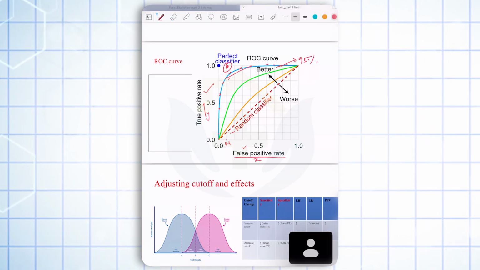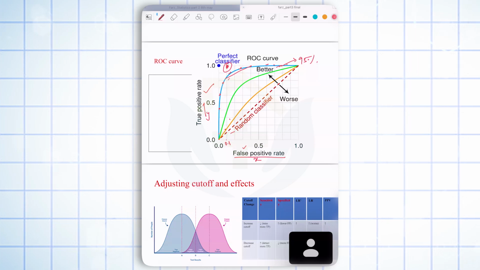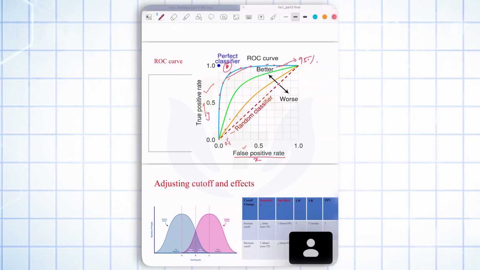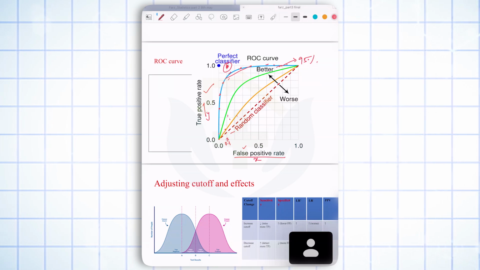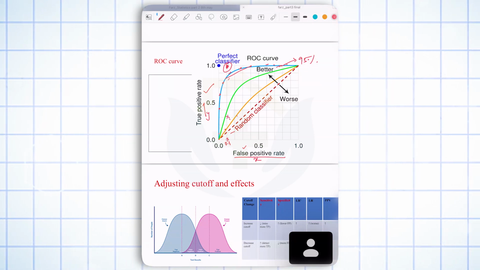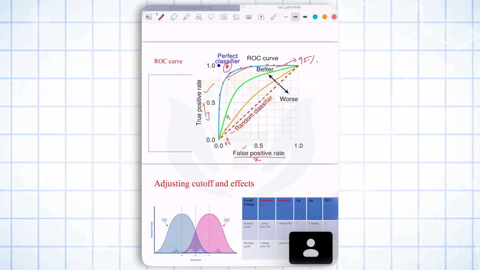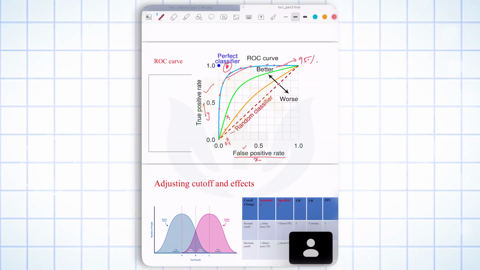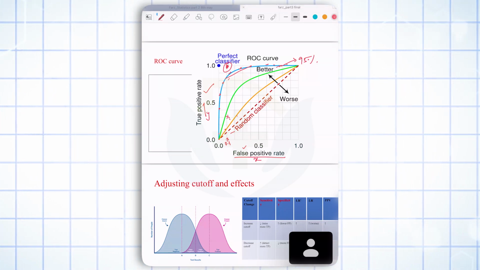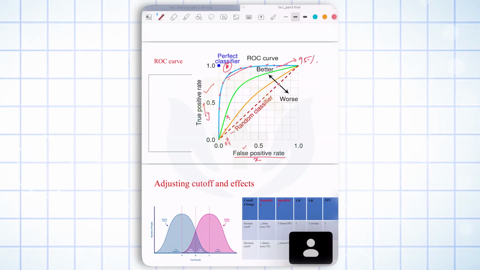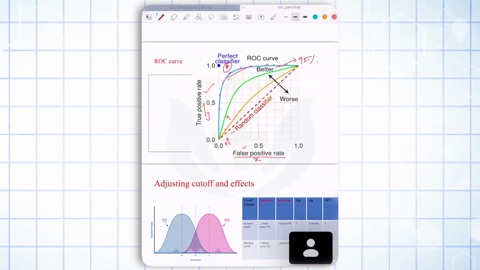But if you take this dotted yellow curve, it means that for a low false positive rate, it is again giving you a low true positive rate, meaning there is a trade-off. The positivity rate is actually very low. So how do you select a diagnostic test? You plot the false positive and true positive rates on the x and y axes and draw a curve.